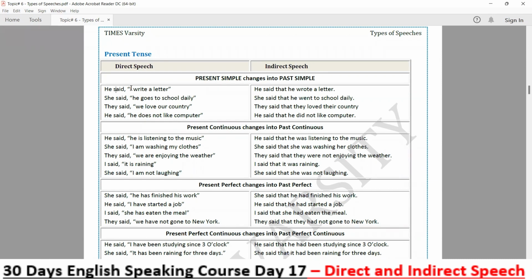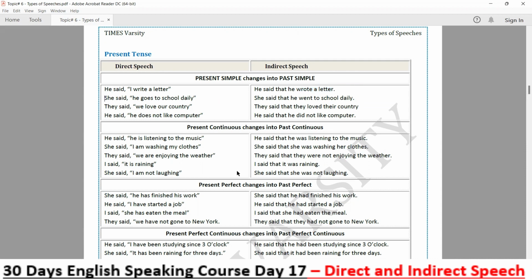So here the present indefinite is changed to past indefinite with that. Why? Because the reporting verb is in past. If the reporting verb is in past, then only in the indirect speech, the tense will change, like it is changing from present indefinite to past indefinite.